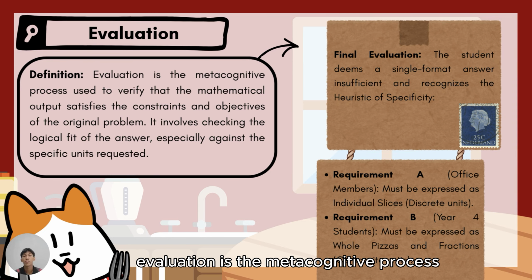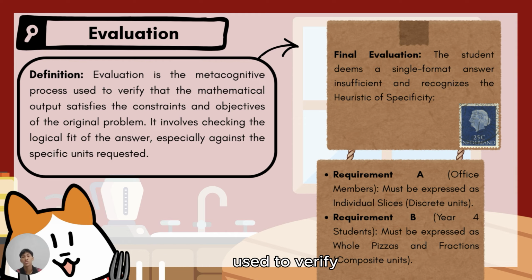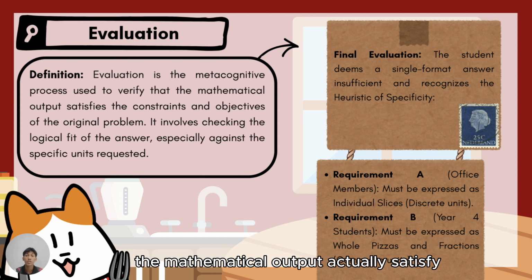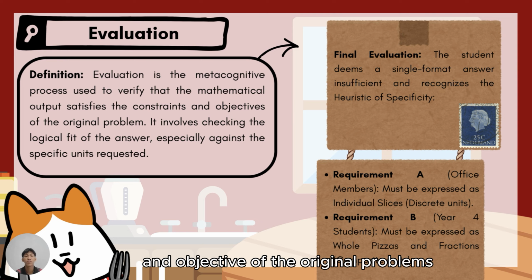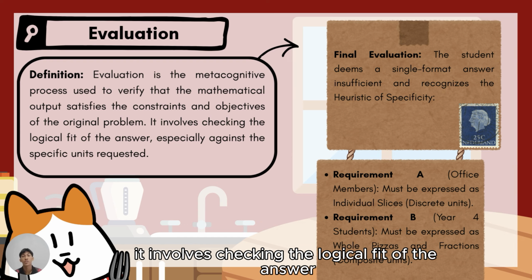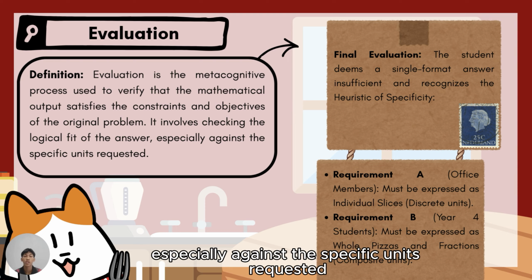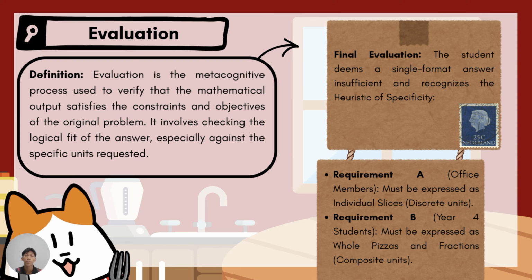Evaluation is the metacognitive process used to verify that the mathematical output actually satisfies the constraint and objective of the original problem. It involves checking the logical fit of the answer, especially against the specific units requested.